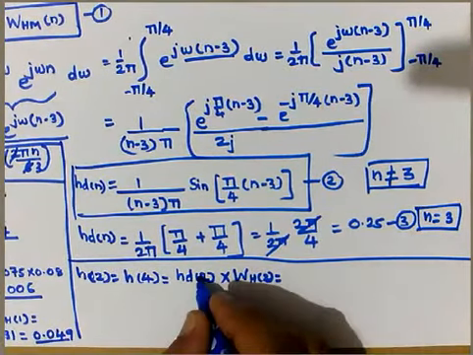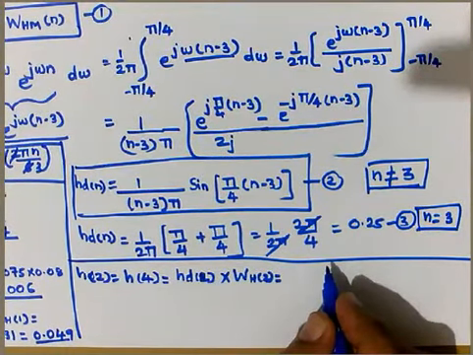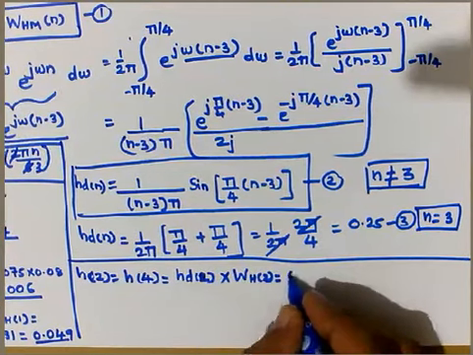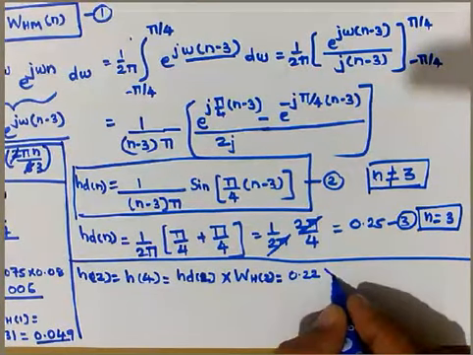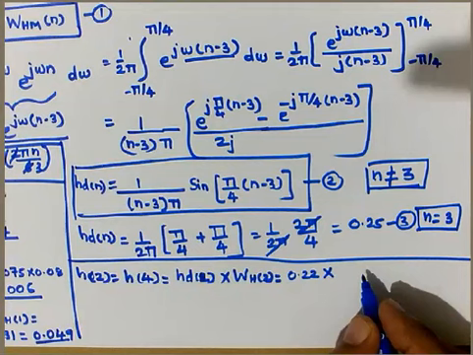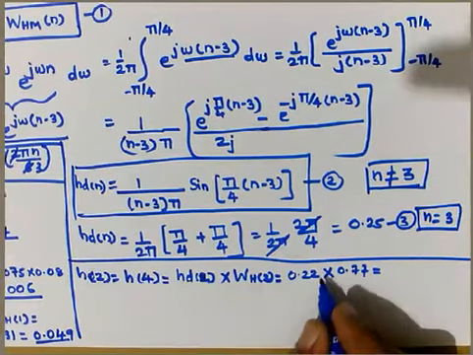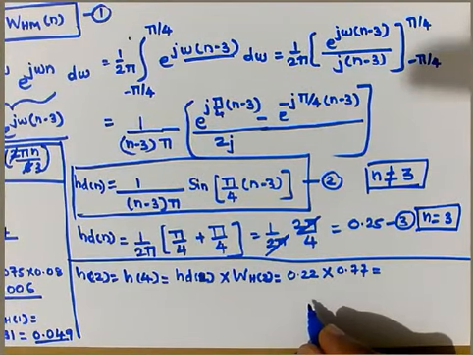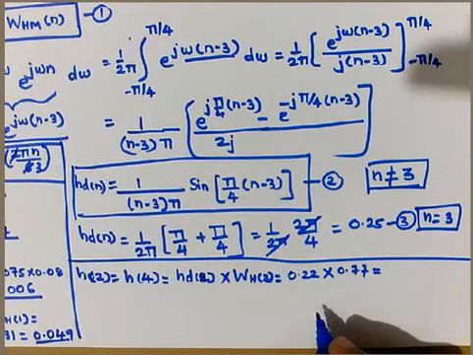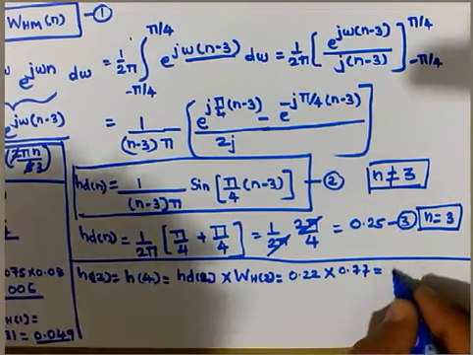So hd of 2 is nothing but the value 0.22. So 0.22 into wh of 2, which we calculated, that is nothing but the value 0.77. So by multiplying these two, we are getting the value which is nothing but 0.17.